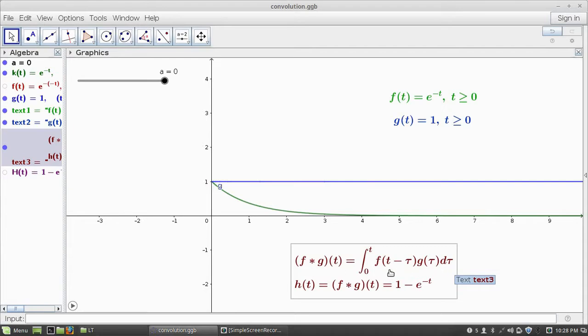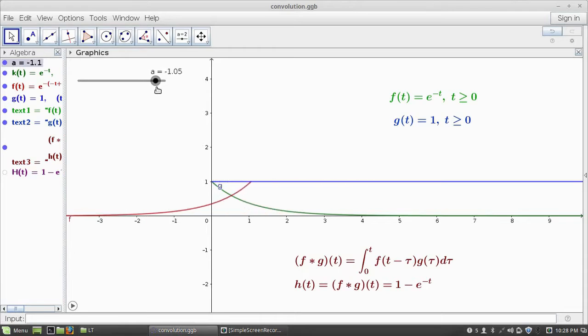In the computation of f star g of t, one function is flipped and translated and multiplied with the other function. Here we are flipping the first function f(t), and this is the flipped version of f(t). We can translate this flipped function over the second function. So this is the translation.